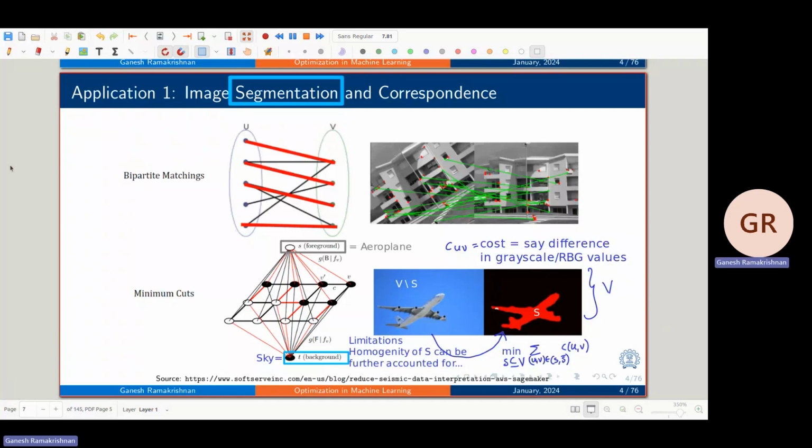So I want to find an S such that within points in S, wait a second. Oh, sorry, this is max. This objective is max, but what you're looking for is min cut. No, you're right. Actually, this is still a max flow problem. So I'm in fact answering my own question here, homework problem.